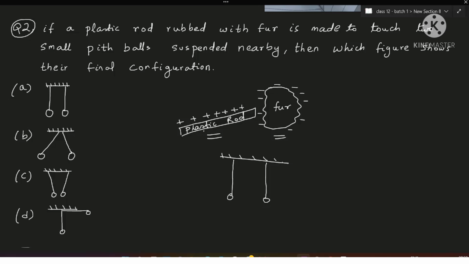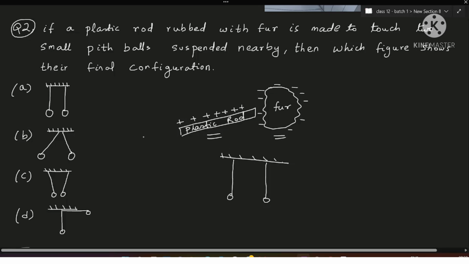So when you now bring the plastic rod in contact with these two pith balls, due to conduction, these pith balls will attain the same type of charge, that is, a positive charge. This pith ball will also attain a positive charge. Now, as we all know that like charges repel, so these two pith balls are going to repel each other. So their final configuration is going to be somewhat like this. So here also option B will be correct.